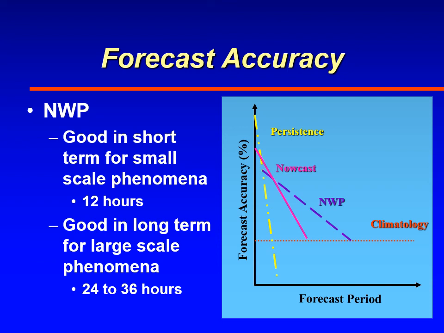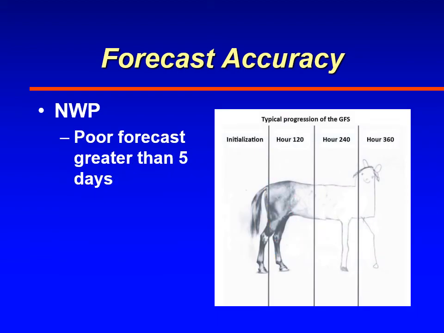It's going to be able to handle more of the large-scale weather phenomena. So the bigger the scale, the greater the forecast accuracy out into the future. And if you go way out into the future, some numerical models go out to 360 hours. They give you a hint of what's going to happen, but you don't have a lot of detail, as this figure shows.